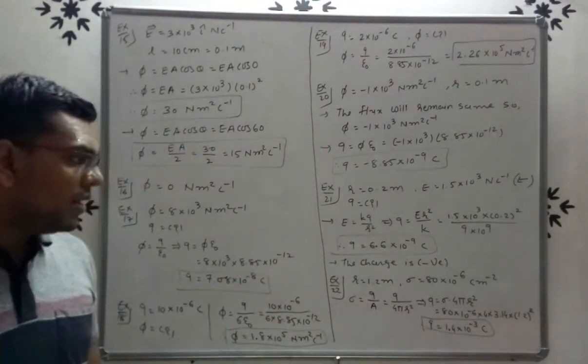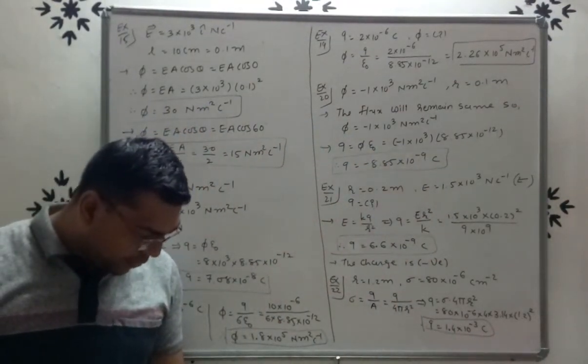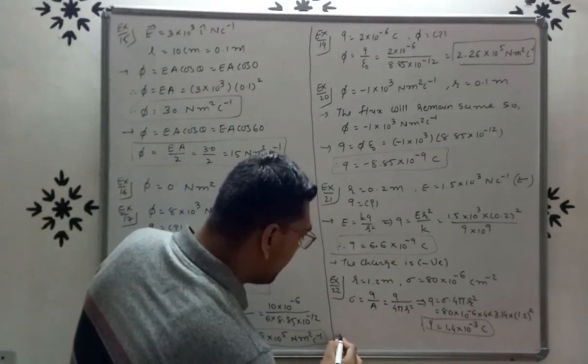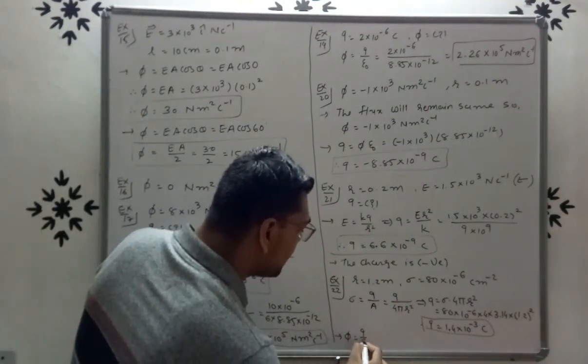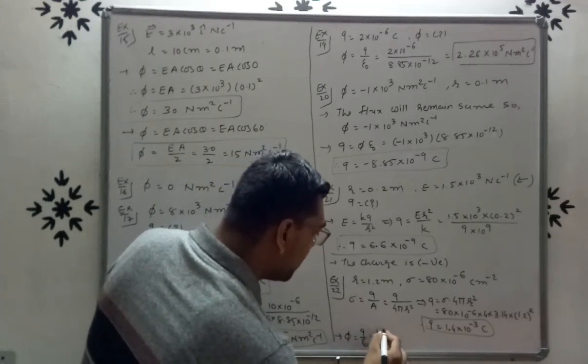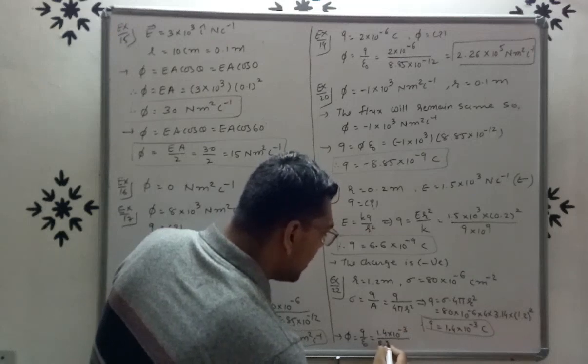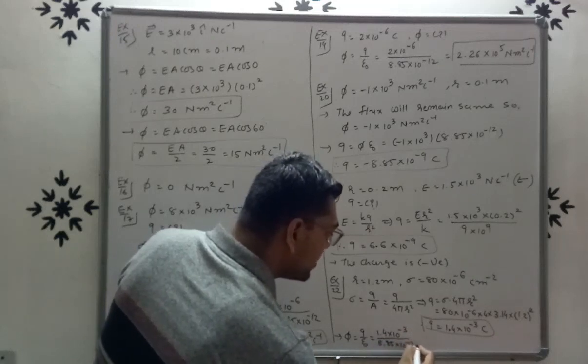Right. Now in the second case we have to find out the electric flux. So we know the formula of flux, phi is equal to Q by epsilon 0. The value of Q is 1.4 into 10 raised to minus 3, and epsilon 0 is 8.85 into 10 raised to minus 12.